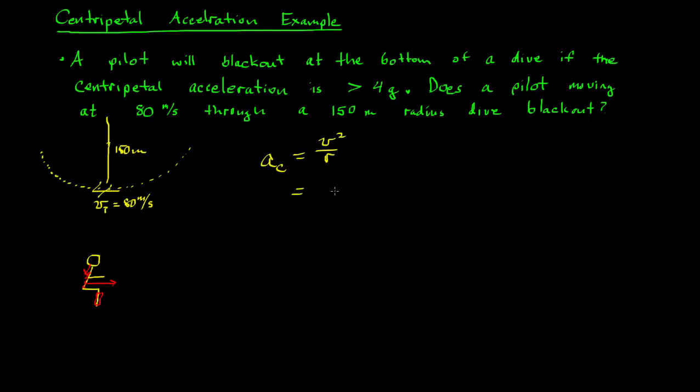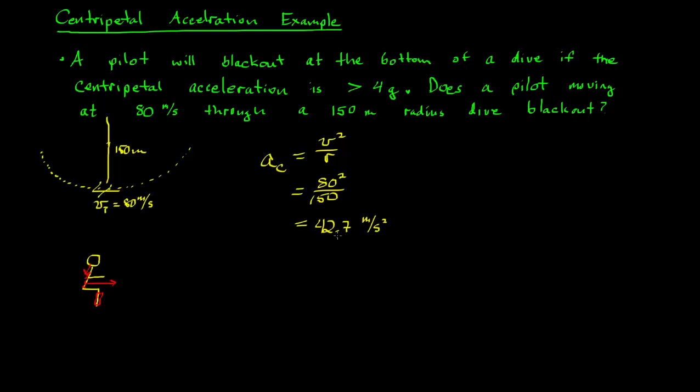So we end up with 80 squared divided by 150, which is 42.6 or 42.7, and that's meters per second squared.